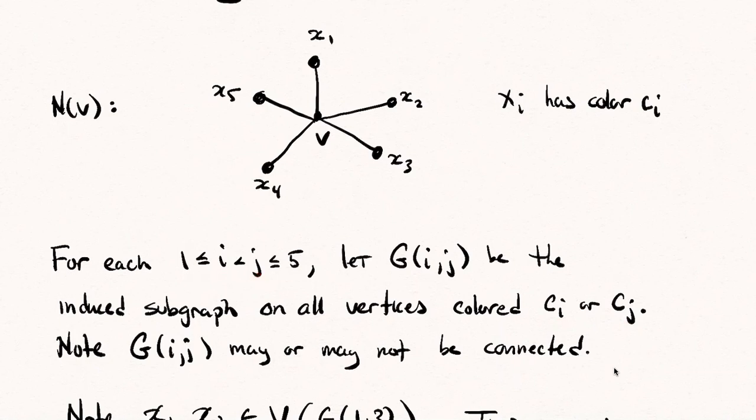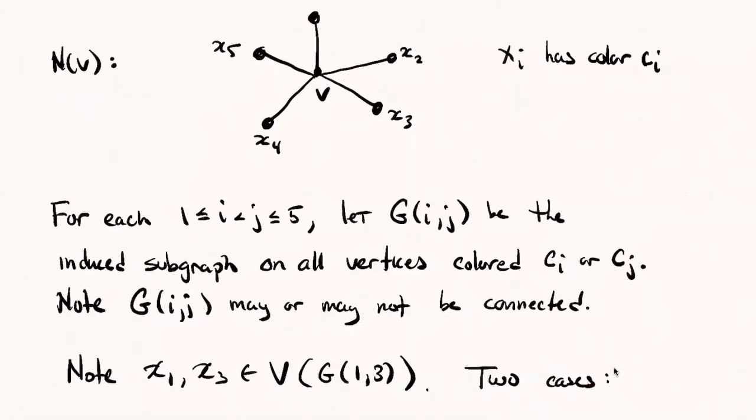All I'm doing is looking in the graph G and finding all the vertices that are either red or blue, and then taking those vertices together with any adjacencies between them that were in G. That's what I mean by the induced subgraph. It may or may not be a connected graph. It might split G up into a whole bunch of pieces. I don't know if it's connected or not.